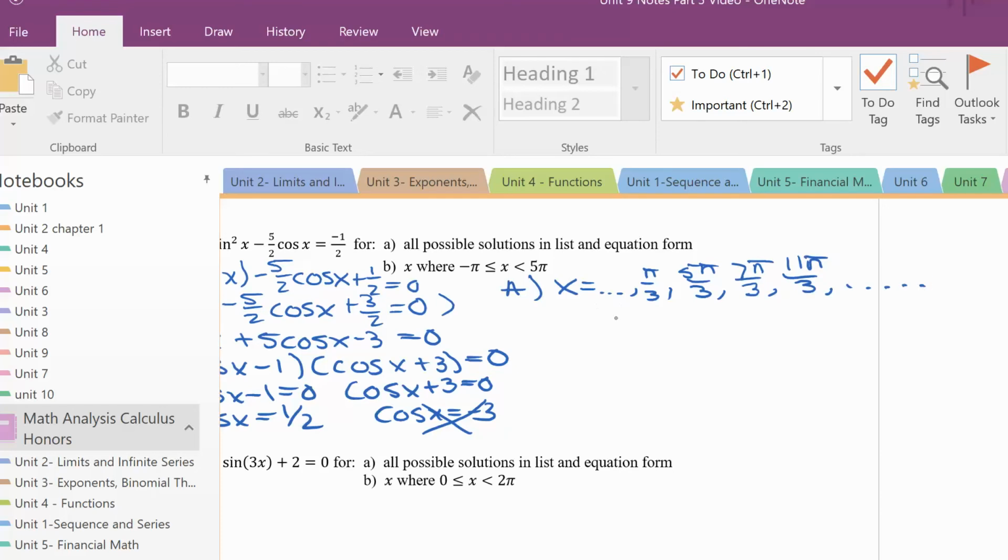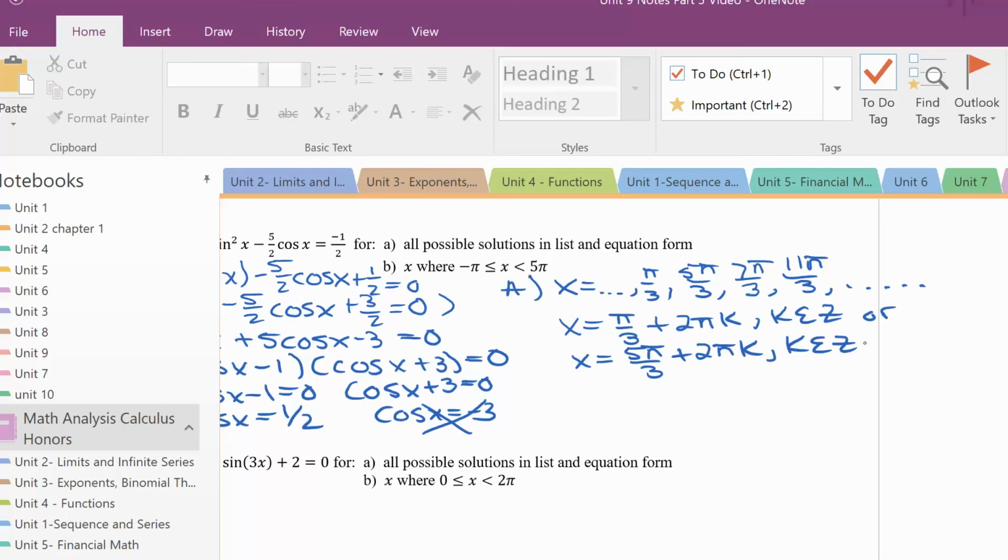And then if you look at equation form, because this is a list, equation form, it would be pi over 3 plus 2 pi k, where k is an integer, or it would be 5 pi over 3 plus 2 pi k, where k is an integer.